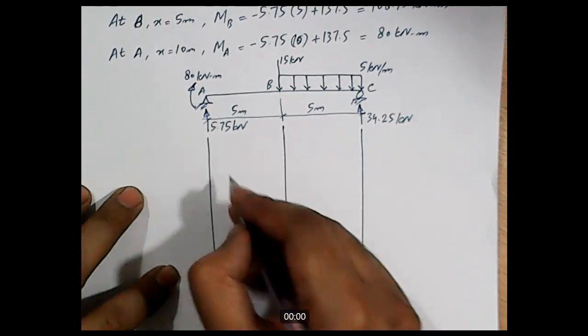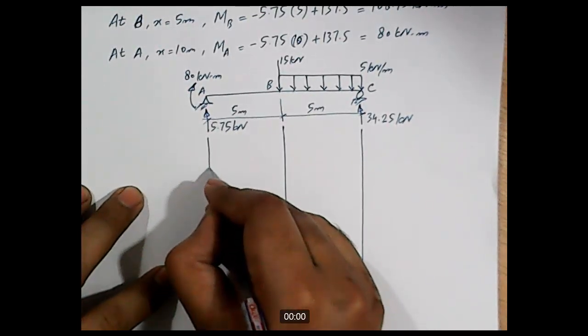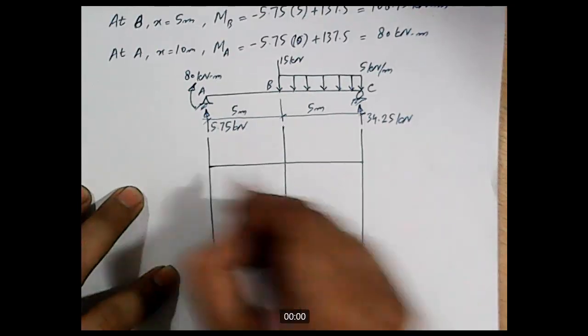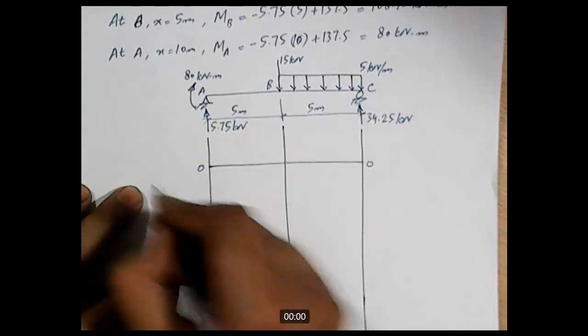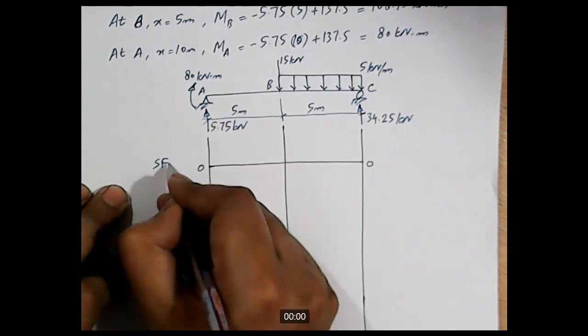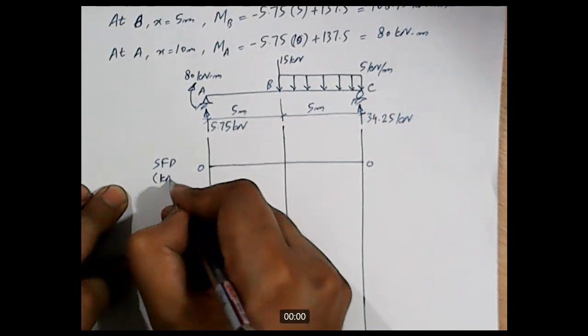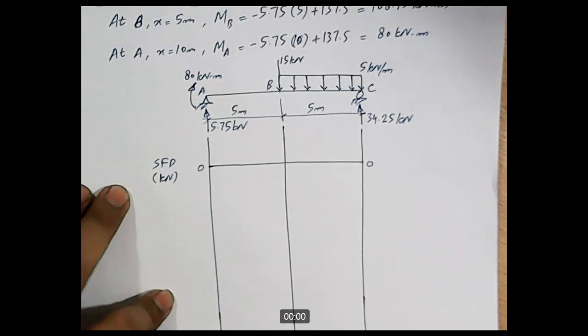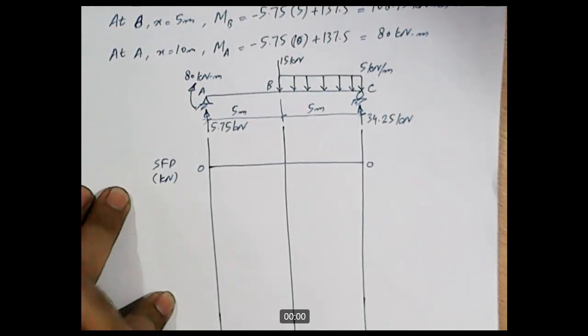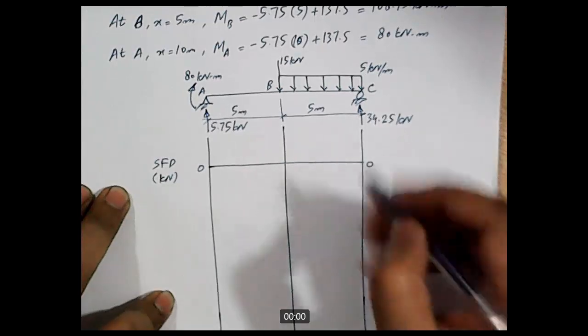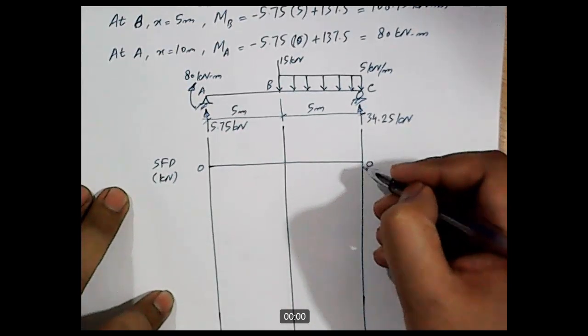Okay, so for SFD, this is our 0, 0 line. We are drawing SFD and the units are kilonewton. Now, we will draw this diagram from the right side.